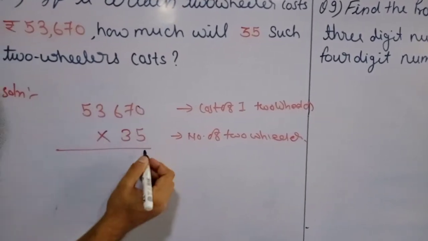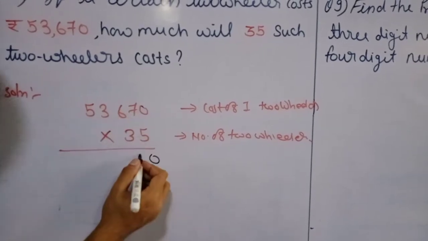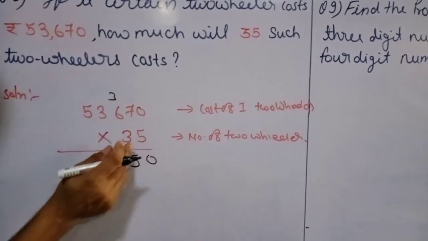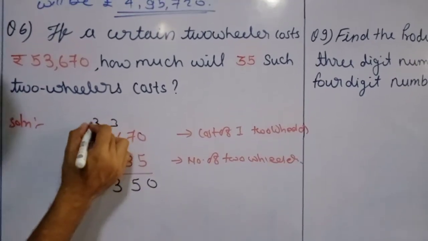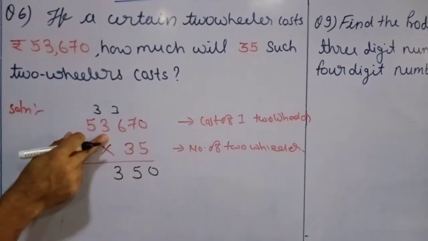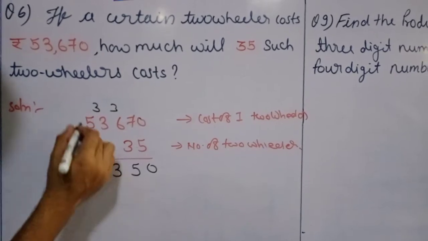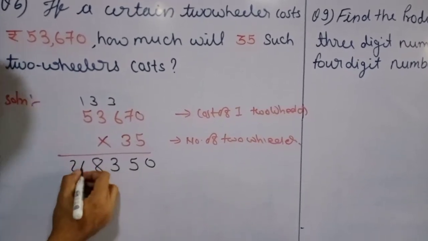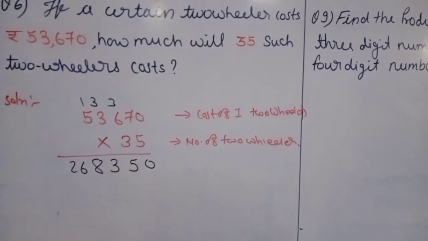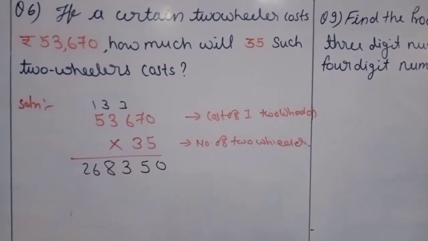5 zeros are 0, 5 sevens are 35, 3 carry, 5 sixes are 30, plus 3, 33, again 3 carry, 5 threes are 15, plus 3, 18, 1 carry, 5 fives are 25, plus 1, 26. Now we have to do the multiplication by 3.